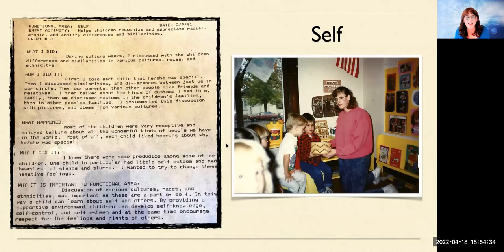Adding to that sense of self, helping children recognize and appreciate racial, ethnic, and ability differences and similarities. Bringing up that there are different people in the world, different cultures, different races, different skin tones, talking about how everybody is amazing and everybody is different and it's okay.